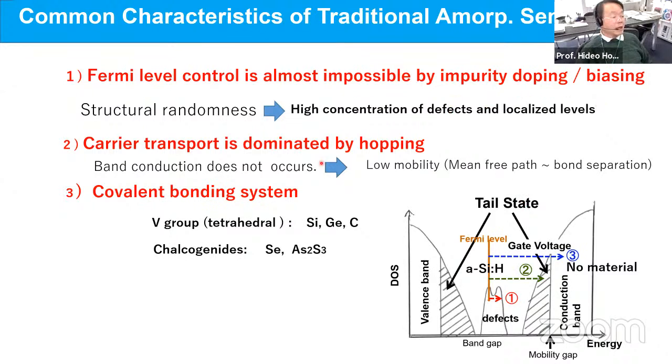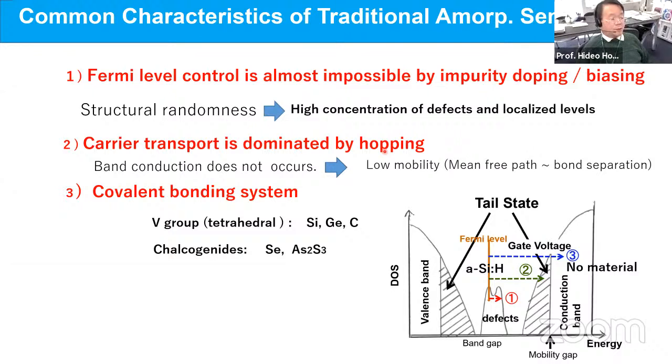Okay, and the carrier transport is dominated by hopping because each level is isolated, so that band conduction doesn't occur. That's why, when compared to the crystalline semiconductor, the electron transport in the amorphous material is much degraded.